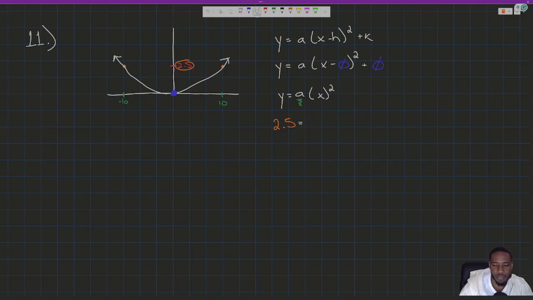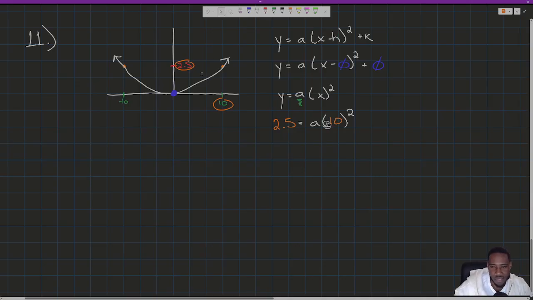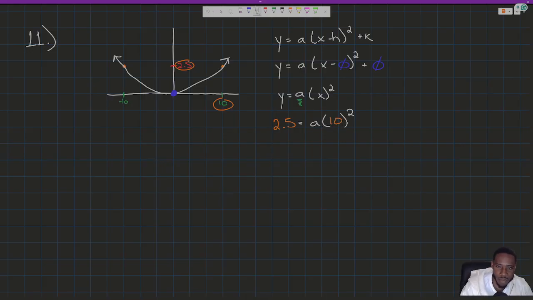That's going to equal a, which we still don't know yet, times 10, which is that other value we know, x squared. So by taking those points they've given us, as well as the vertex they've given us, we can plug in everything and then just simplify and solve until we know what our a value is going to be. And so we're at that next step.